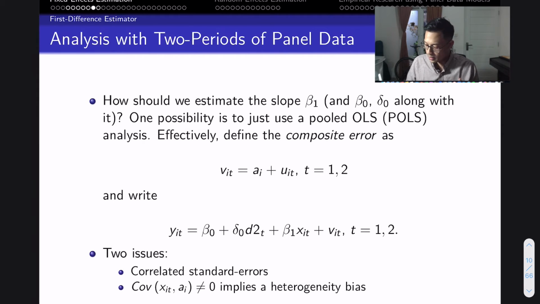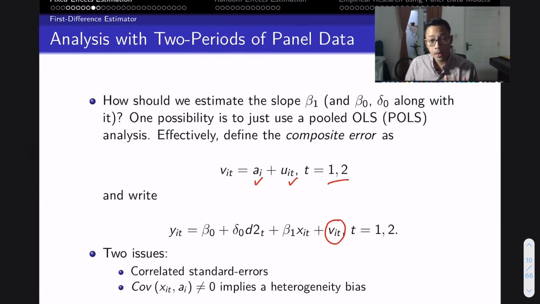Now we're going to write the equation, and then the issue is that by not decomposing the error, what we're going to have is correlated standard errors, and then there is also the issue that the unobserved heterogeneity a_i in this composite error term is going to be correlated with the explanatory variable of interest.